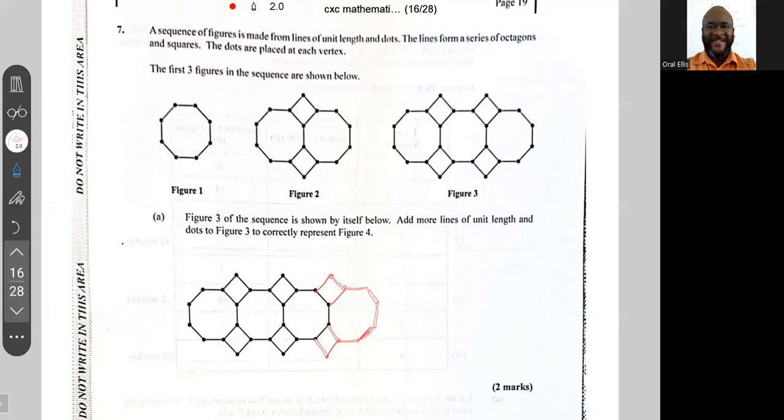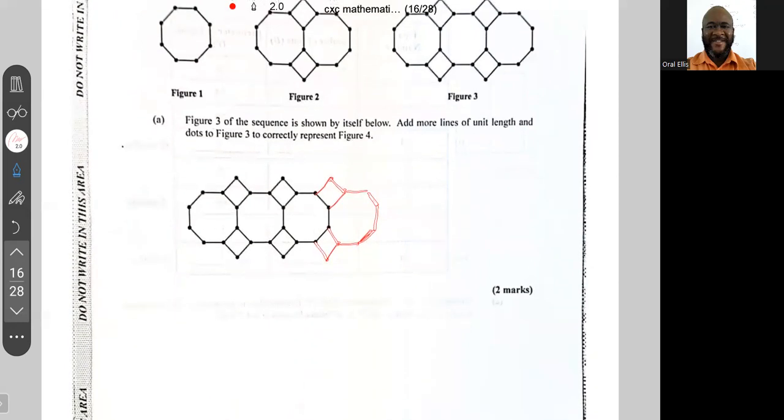You could make it neater when you're doing it. Try and be neat. There's nothing wrong with neatness. It's 2 marks, so taking a little time to ensure it's neat is a good idea. Use your ruler when you're doing it and make the shape neat and as symmetrical as best as you can without spending too much time on it. So that's figure 4.